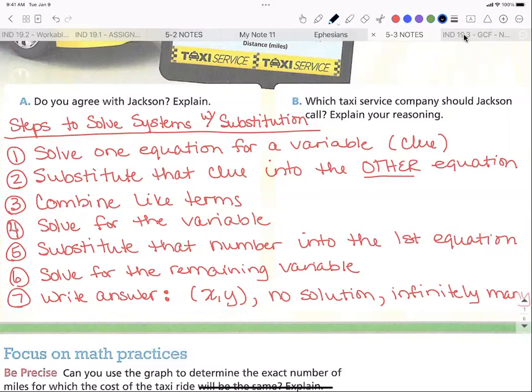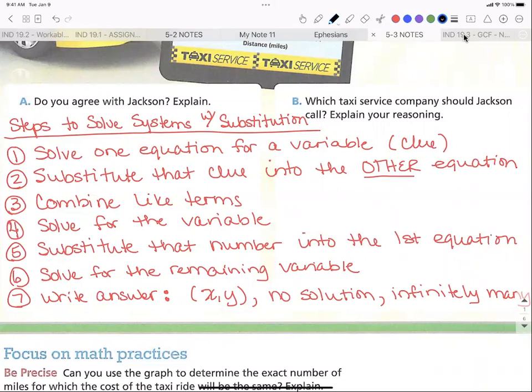If you can set this next to your paper when you're doing your homework, write the problem out on a separate sheet of paper, open your workbook to this page, and just do step 1, step 2, step 3, very methodically every time. It's easy to get lost in the process of where you're at if you don't follow the steps.